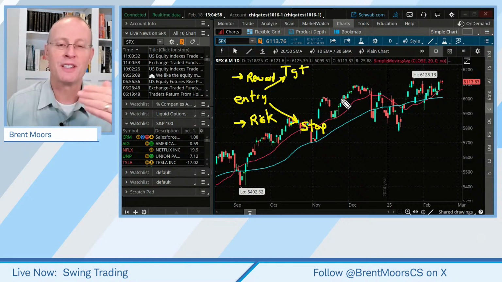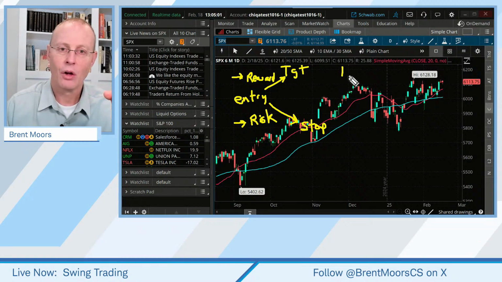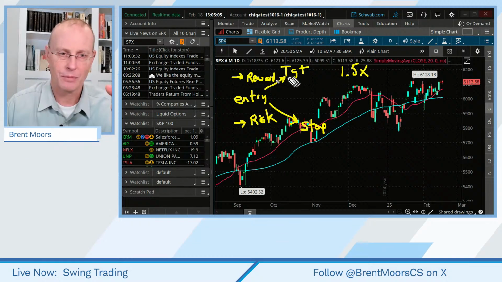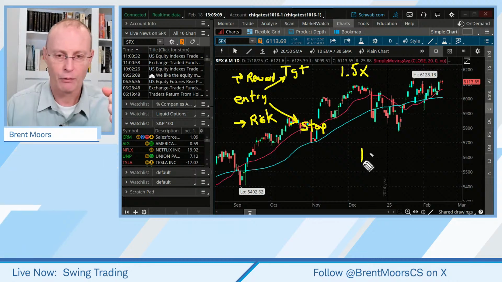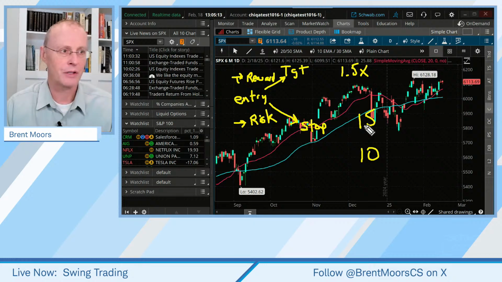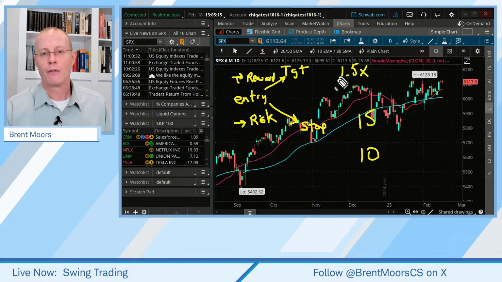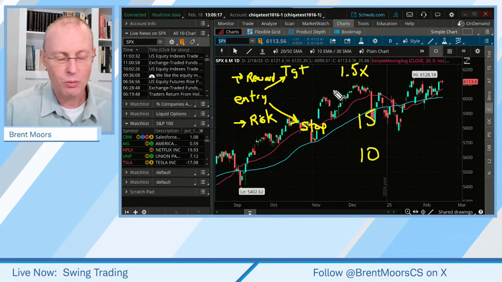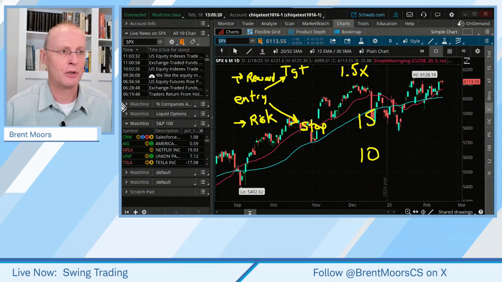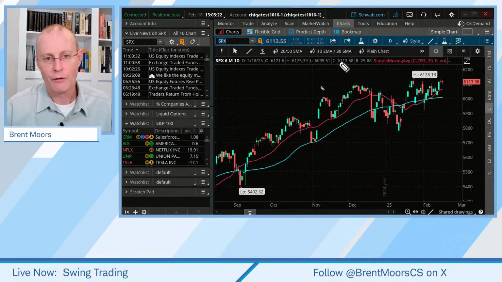For the purposes of this class, we're going to look for at least 1.5 times reward versus what your risk is. So if you're risking $10, we want to potentially make about $15. Now, that is for stocks. What about options? Well, there's a lot of different types of option trades you can do, of course.